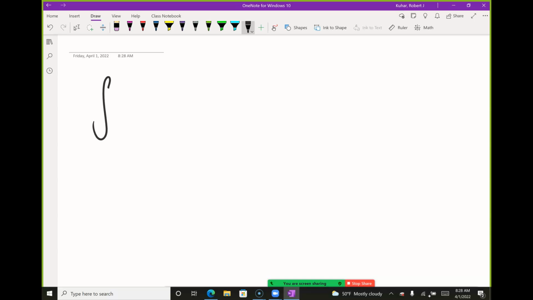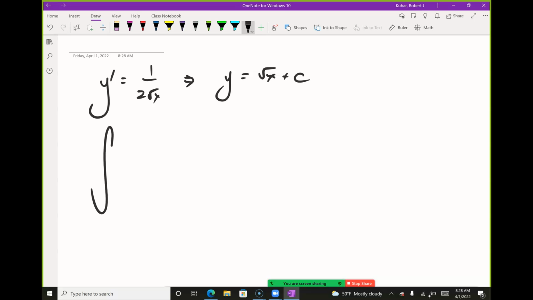So, for example, oops, I keep writing the integral. By the way, if I say y prime is 1 over 2 square roots of x, implies y equals square root of x plus c, I'm going to be writing that as the integral, and you can see kind of a letter S there, of 1 over 2 square roots of x with respect to x is equal to square root of x plus c.